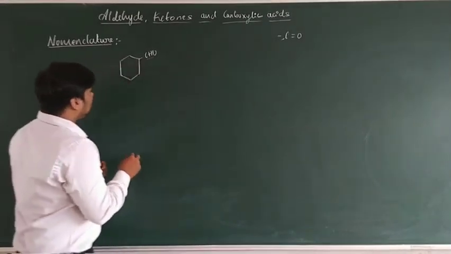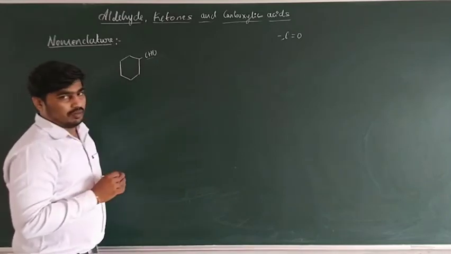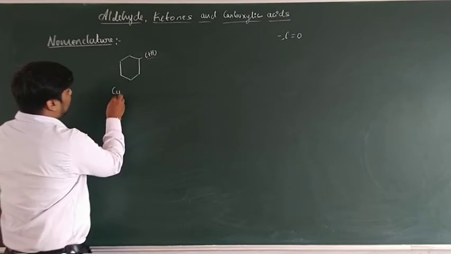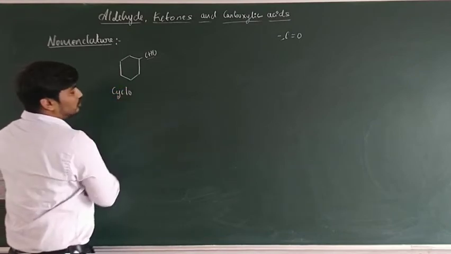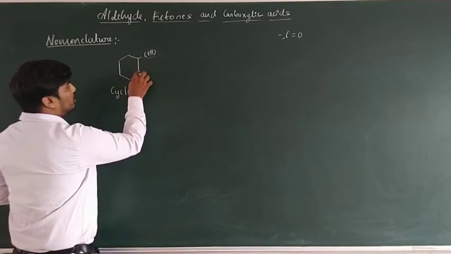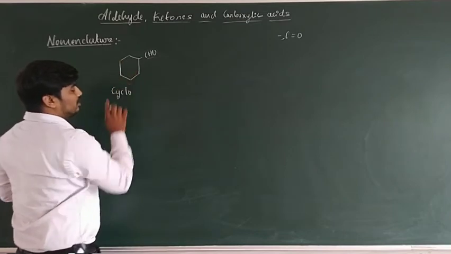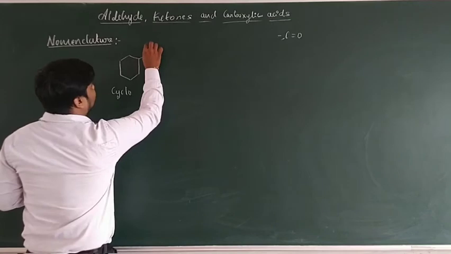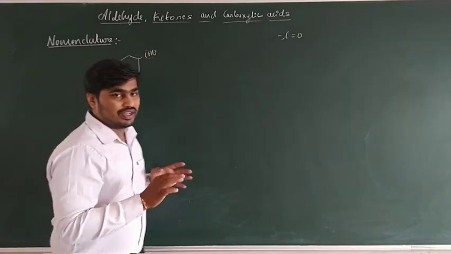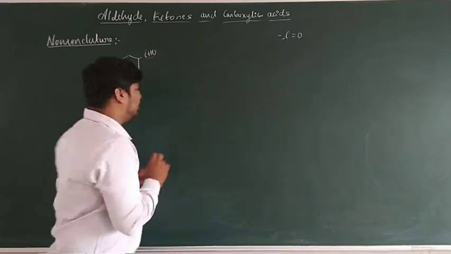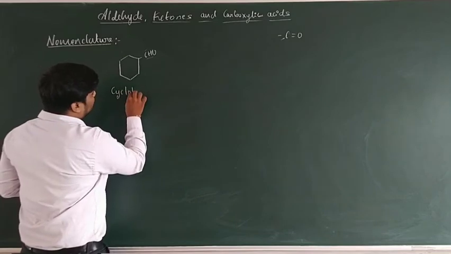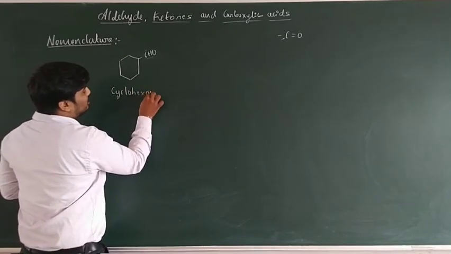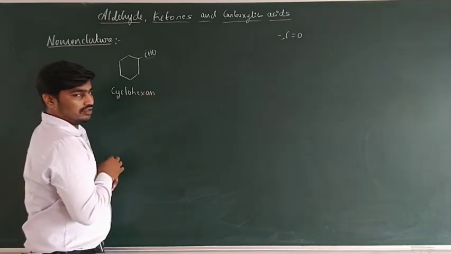And what is the name of the compound? It is a cyclic compound, cyclo. How many carbons? 1, 2, 3, 4, 5, 6. Clearly observe, I am not considering this carbon for the counting. In the cycle there are 6 carbons, therefore hex. All are singly bonded, so cyclohexane.